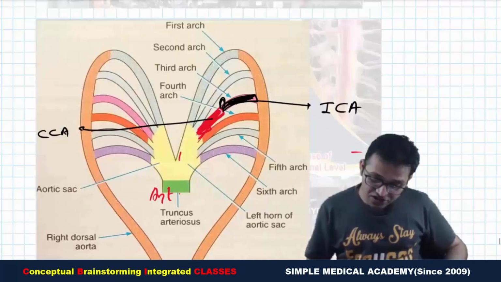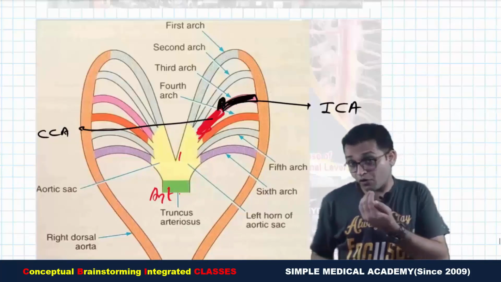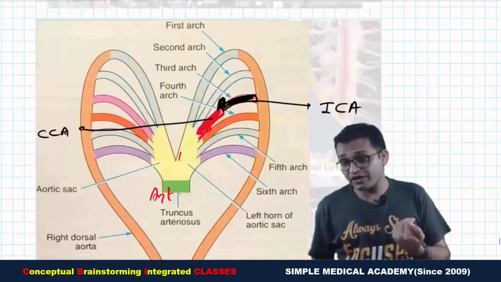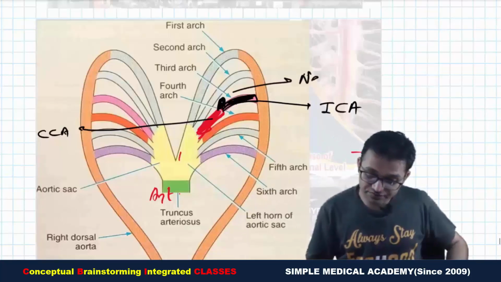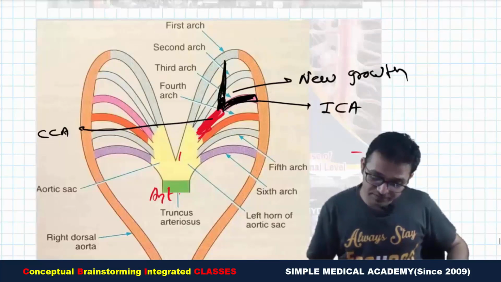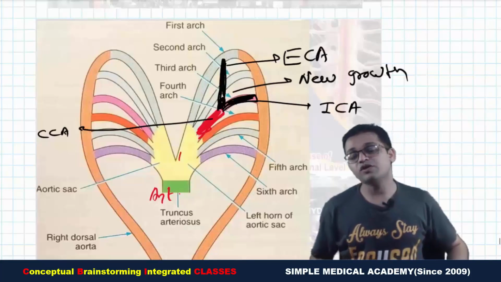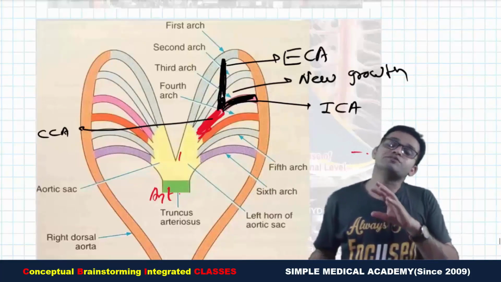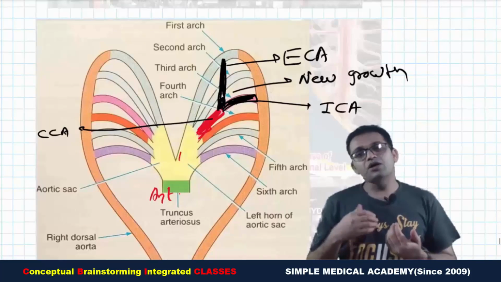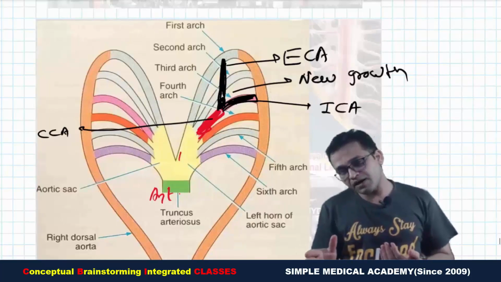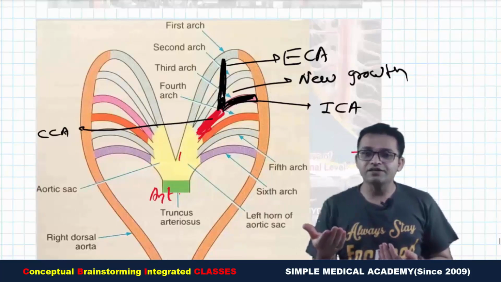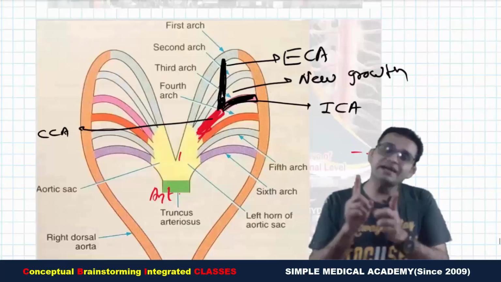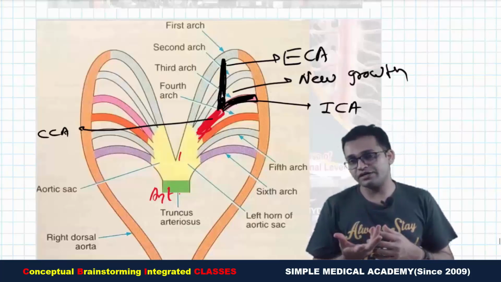Now at the junction of these, where the proximal part is forming the common carotid, there is one new growth, and this new growth will form the external carotid artery later. So the third arch artery forms the carotid system: the proximal part, common carotid artery; the distal part, internal carotid artery; while the new growth at the junction of the two makes the external carotid artery.